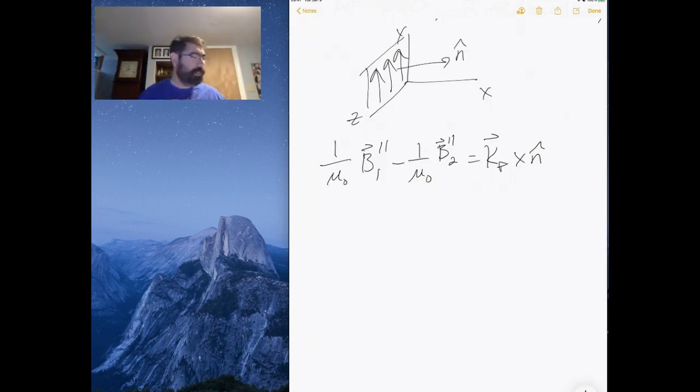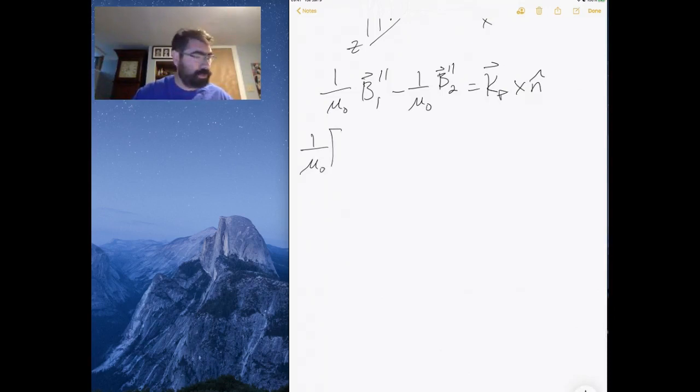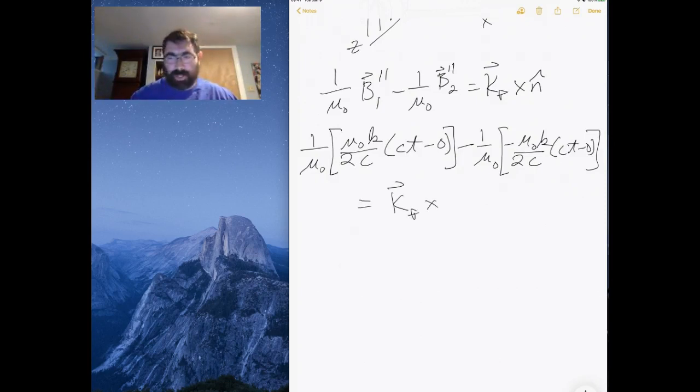Okay, so let's plug this into our equations. We have 1 over mu 0 times mu 0 k over 2c times (ct minus 0), x equal to 0, minus 1 over mu 0 times minus mu 0 k over 2c times (ct minus 0), and all of that is equal to kf crossed into the x direction.